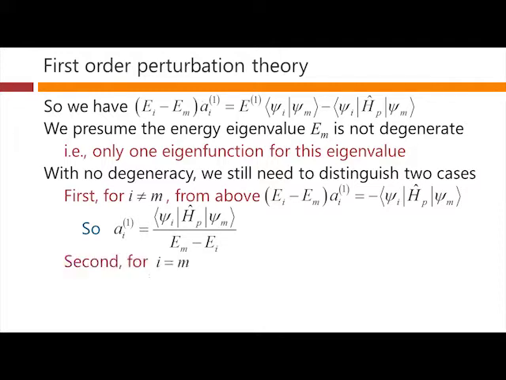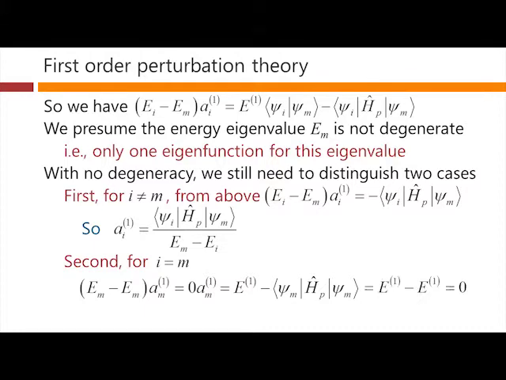But on the other hand, if i is equal to m, then going back up to our equation here, obviously, with i equal to m, this is 0. And if we look at the right-hand side here, if i is equal to m, then psi i psi m is just 1, so we've got our first order energy correction here, and we have this expression, i equal to m up here.